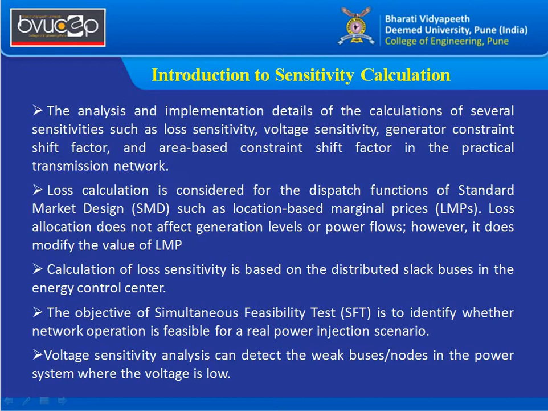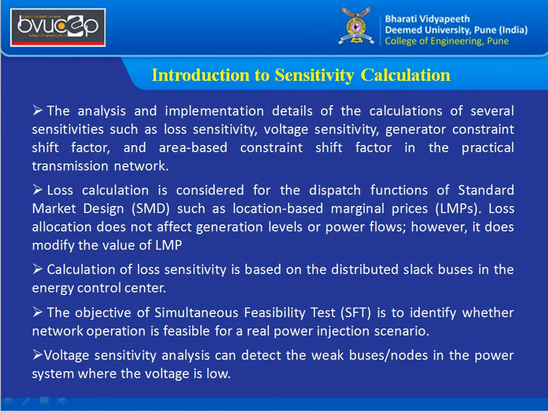Sensitivity calculations are very useful for analysis and implementation of certain parameters: loss sensitivity, voltage sensitivity, generator constraint shift factor, and area based constraint shift factor in a practical transmission network. These four pillars are very important for a transmission network to have an optimum solution.